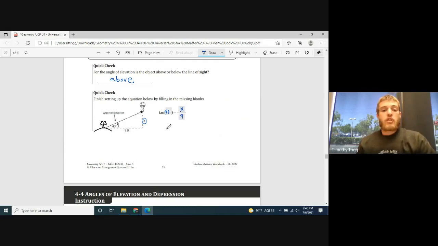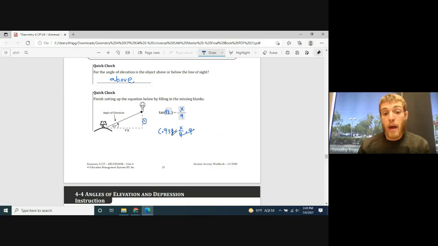We can go ahead and finish solving this. So tangent of 43. On our calculator, we would do tangent of 43. So that's 0.933 equals x over 9. Then we'd multiply both sides by 9 to get x by itself.